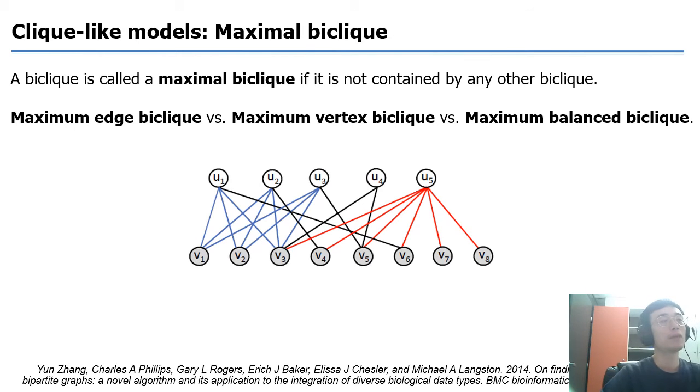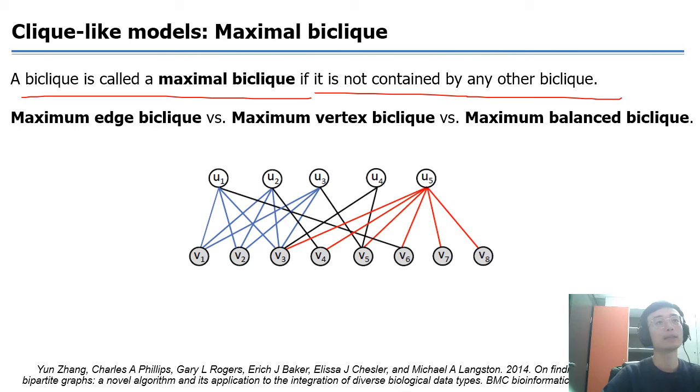On a bipartite graph, a biclique is a complete bipartite graph, and a biclique is called a maximal biclique if it is not contained by any other biclique. Beyond this, we also have the definitions of maximum edge, maximum vertex, and maximum balanced biclique.